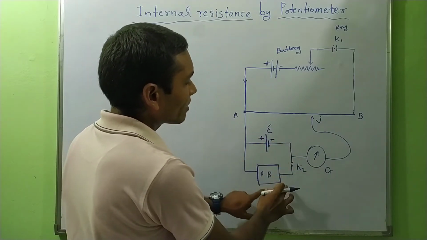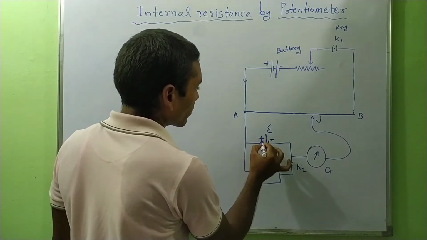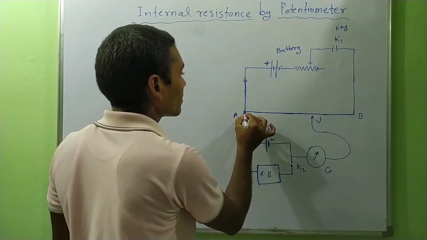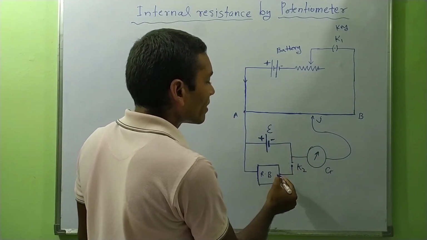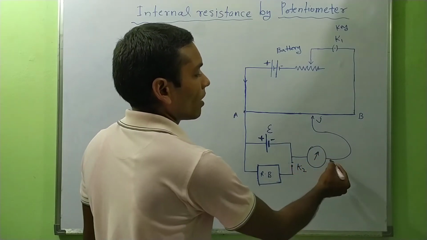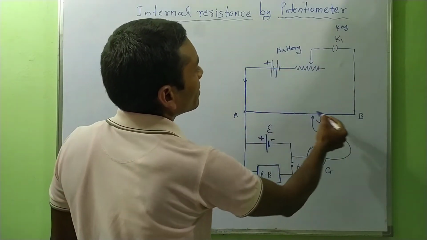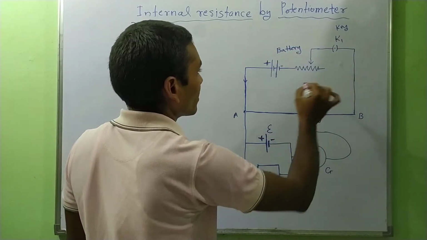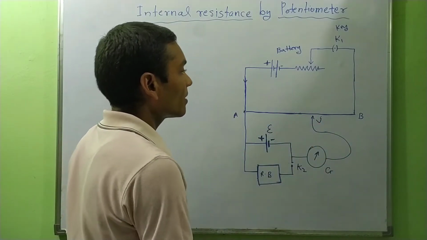The primary cell is connected to this resistance box in parallel, meaning the positive terminal of the primary cell and the first end of the resistance box are connected to point E, and the negative terminal of the cell and the second end of the resistance box are connected to the galvanometer, and the galvanometer is connected to the jockey. This complete circuit is called the primary circuit or driving circuit, and this circuit is called the secondary circuit.